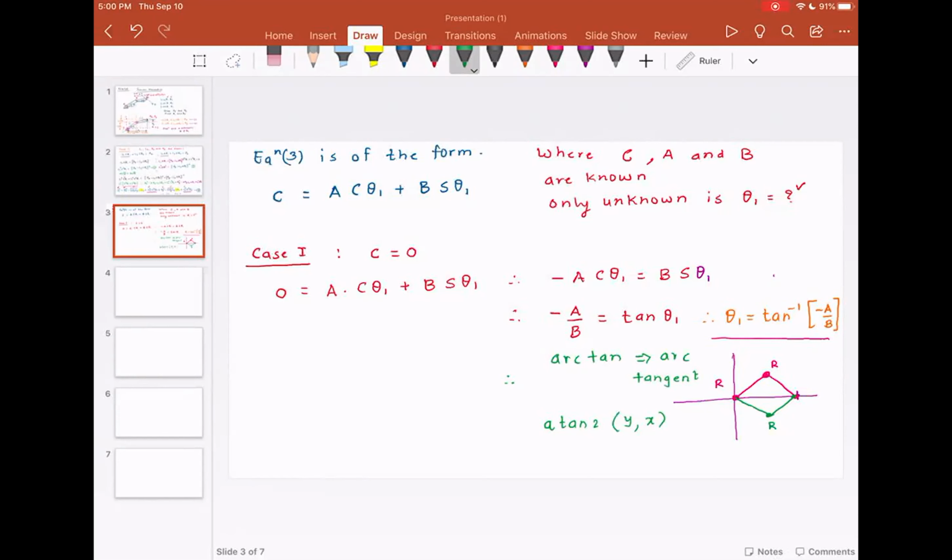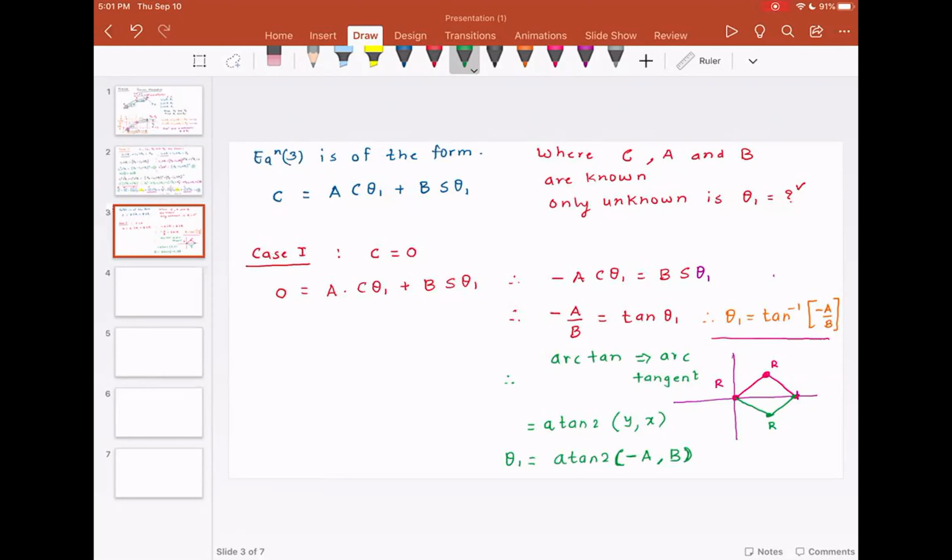So if I want to find theta 1 in this case, I should be using the command atan2, where my y is minus a, comma b. And this will give you the correct orientation of theta. It will tell you in what quadrant theta lies.